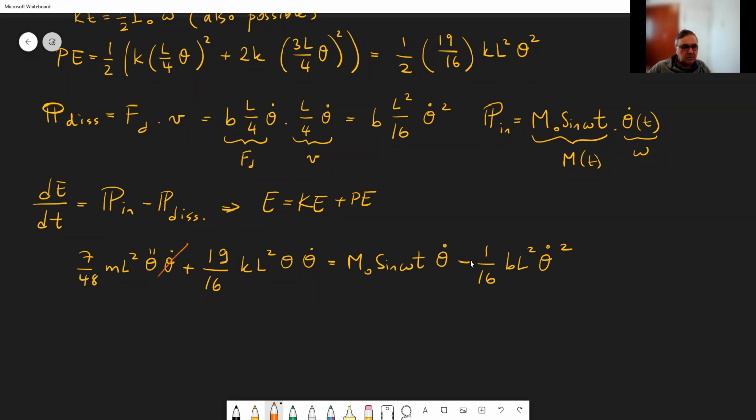As we see, we have theta dot terms in each of them. And when we collect the terms, we get the following equation of motion. 7/48 m L squared.